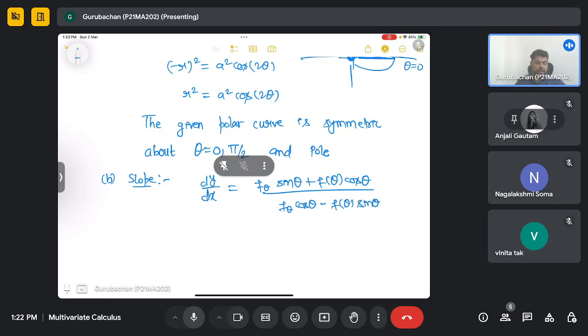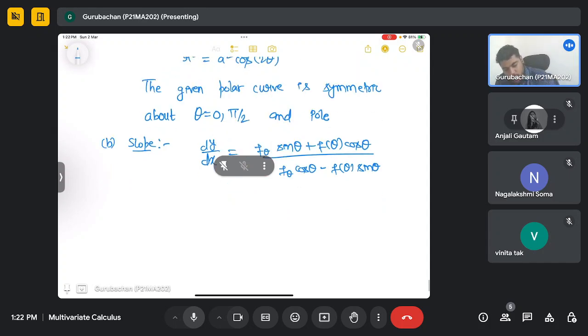This we have to check for the slope of tangent, and for simplicity what we check is 0 comma theta naught, what is our tangent.